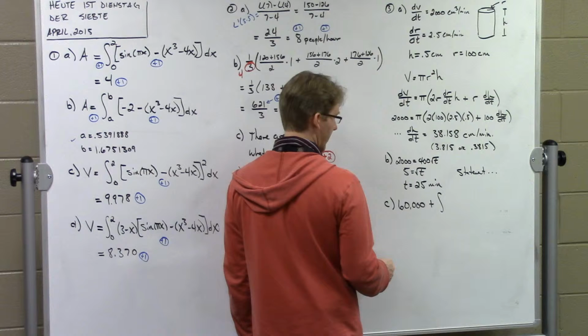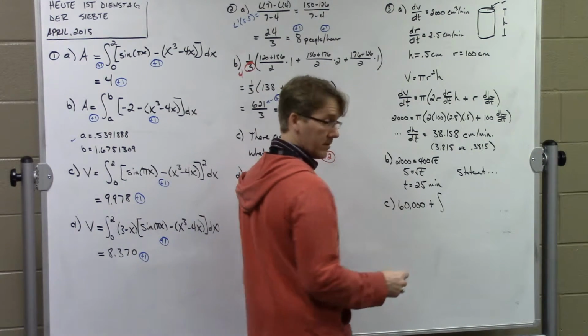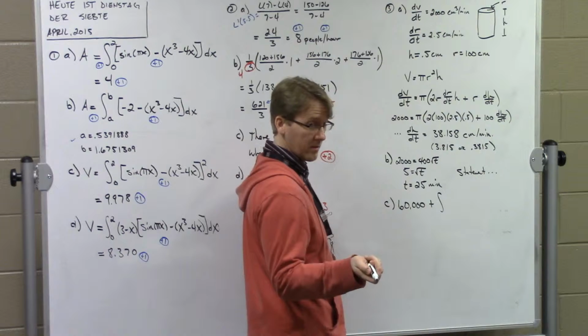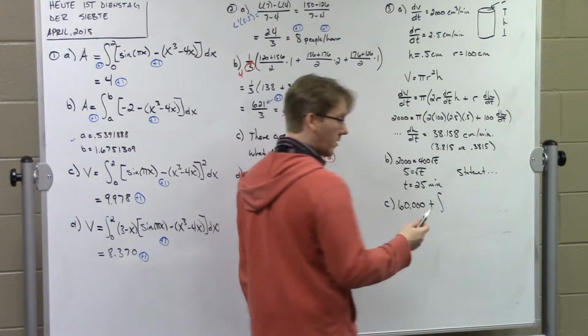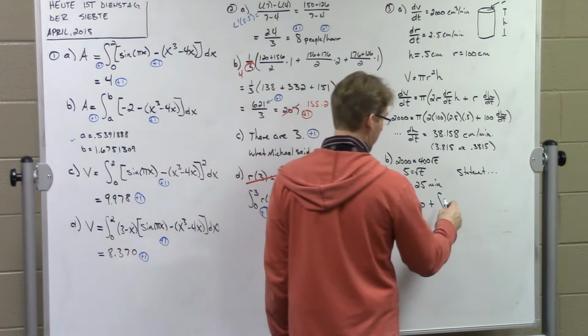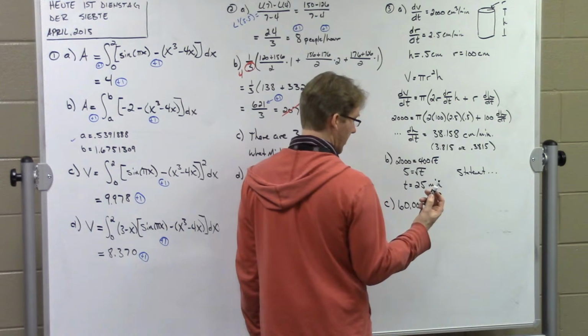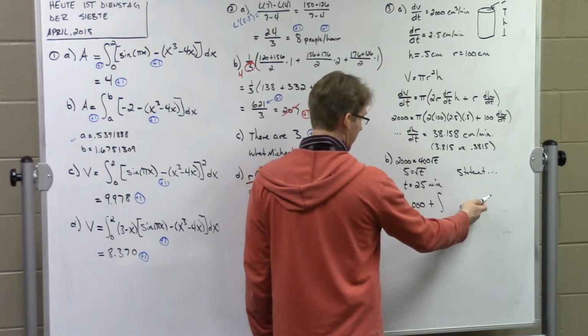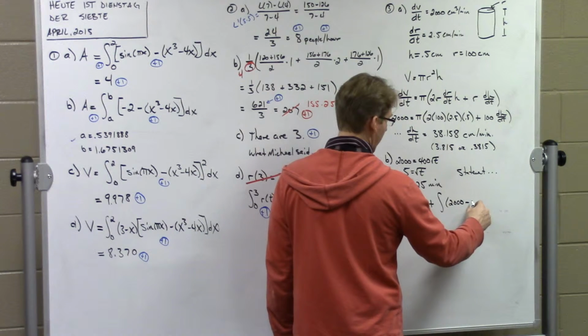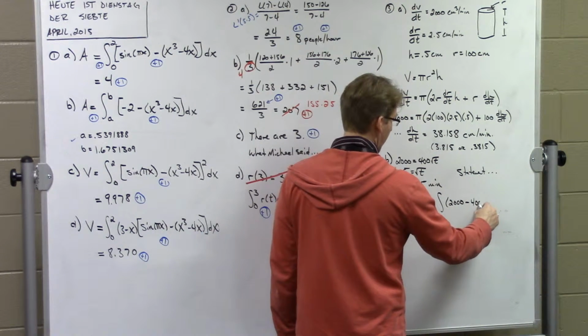Of 2,000, zero. Y'all are both giving me a different part of the answer. Pick one. 2,000. What part are you giving me? The inside? Yeah, okay. 2,000 minus 400 square root of t.